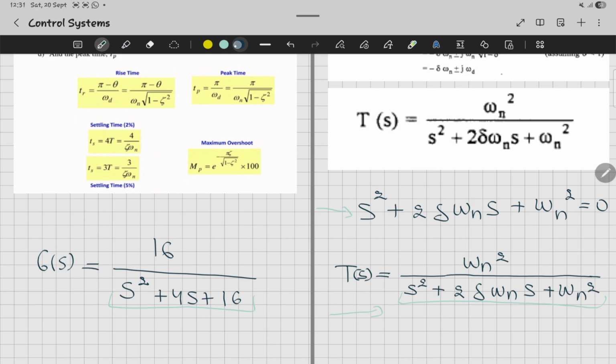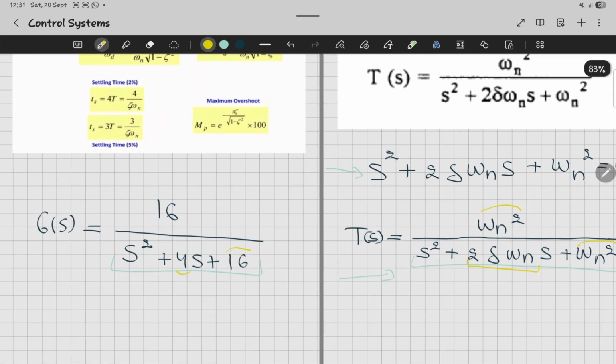From what I can tell, the 4 that you see here is equal to everything that you see here, and 16 is equal to this one, and the same goes for that one.